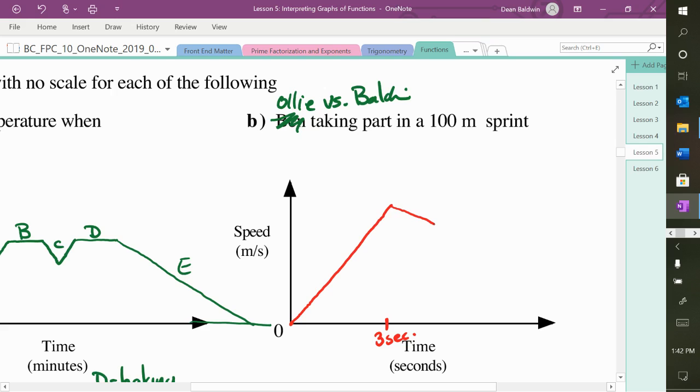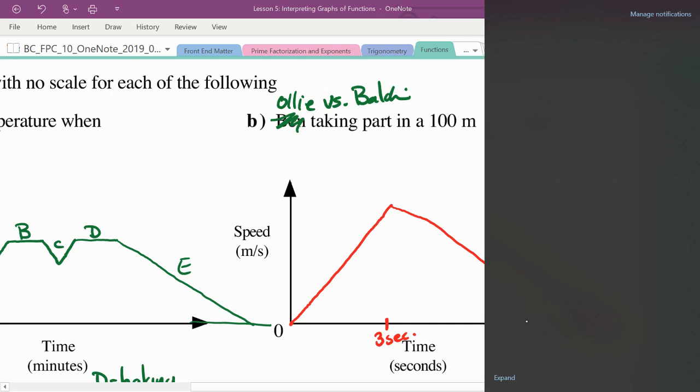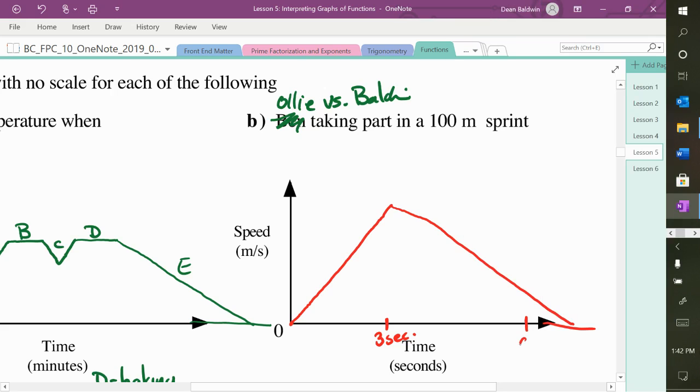He starts to slow down. What's my time? How long does it take me to do 100? Too long. 5 hours? Minutes? Who's measuring this in minutes? Whoa. 9.6 seconds.